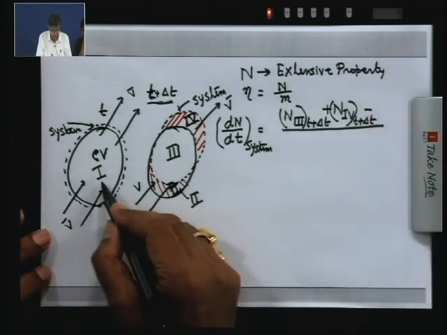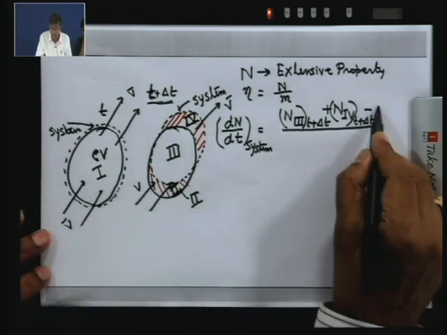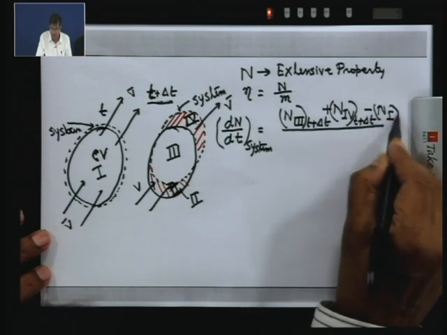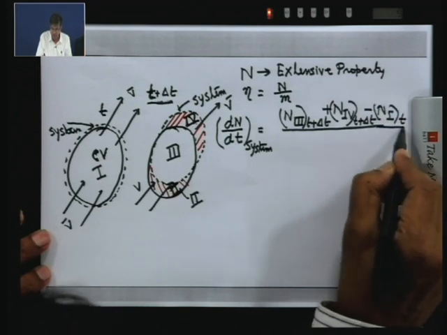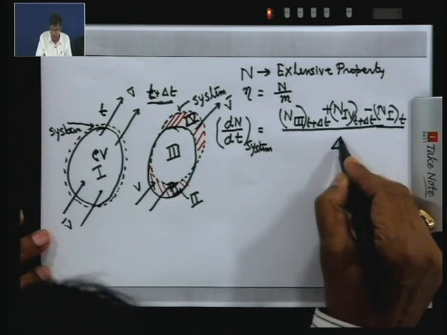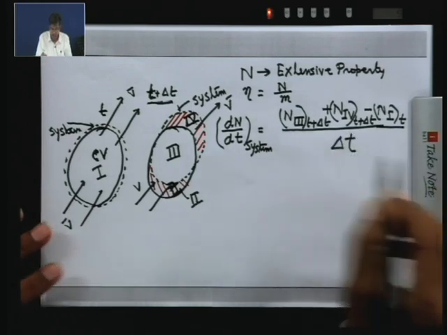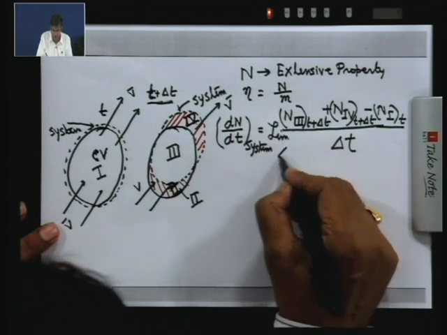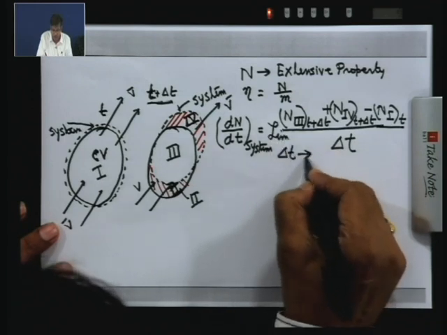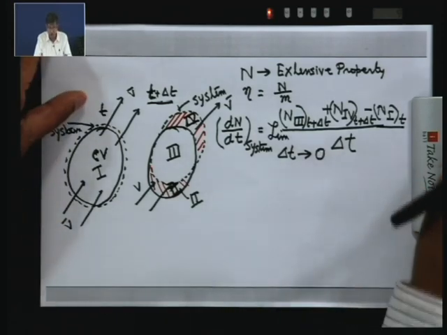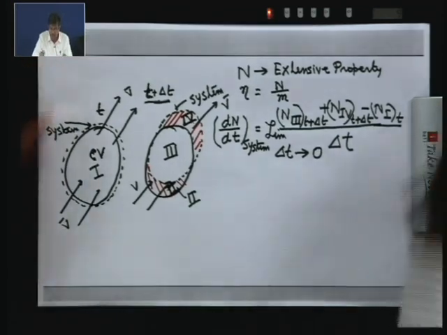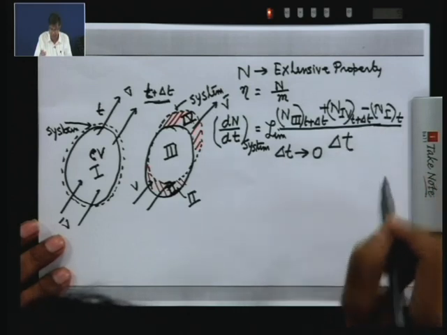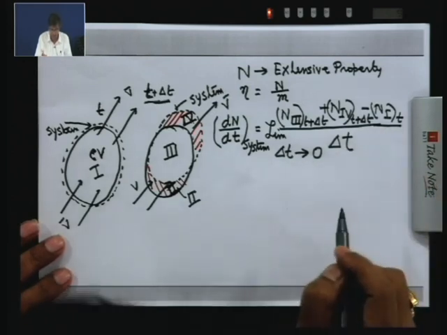minus N1, that was N at 1 at time t, divided by delta t, limit as delta t tends to 0. That means the property N contained within the system at time t plus delta t minus that at t, divided by delta t as delta t tends to 0.